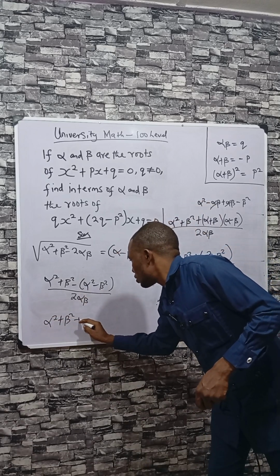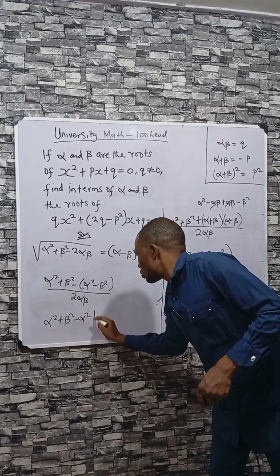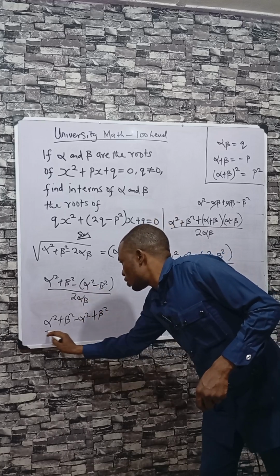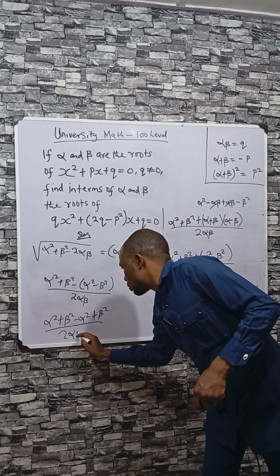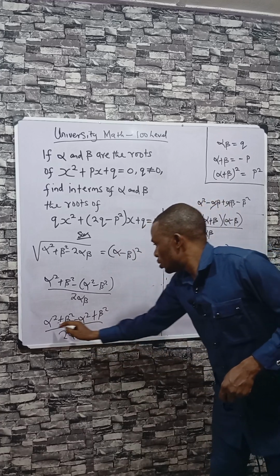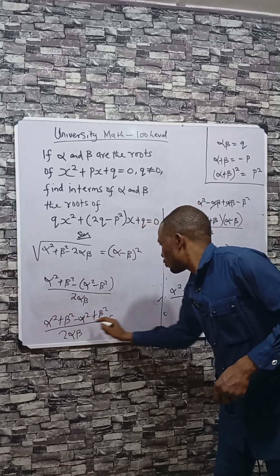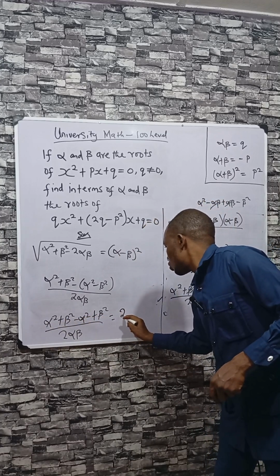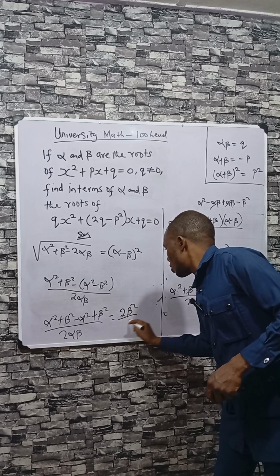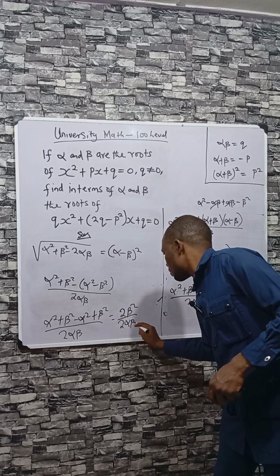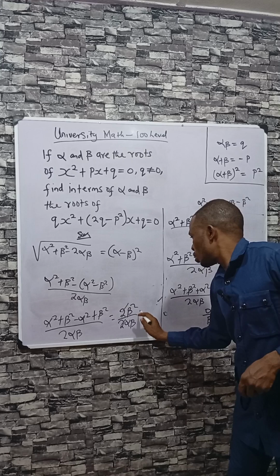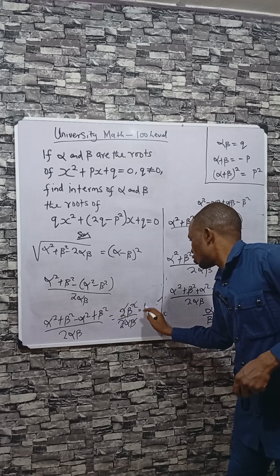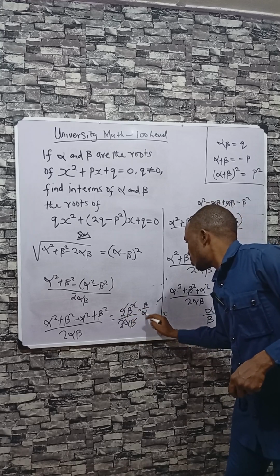This gives you minus alpha squared, and this gives you plus beta squared, divided by 2 alpha beta. You see, this and this will go, so we have beta squared plus beta squared, that will be 2 beta squared, divided by 2 alpha beta. This and this will go, and 1 beta cancels 1 here. I have just a beta left there, and alpha below.